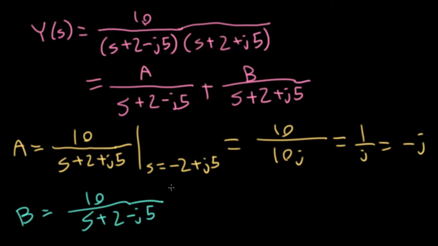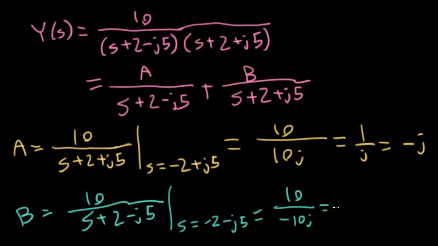And evaluating this at the root, which is minus 2 minus j5, it's quite similar. I'll have 10 up here. The minus 2 cancels with the 2 when I plug it in, and I'll have a minus 10j in the denominator, which is like minus 1 over j, which is equal to j.